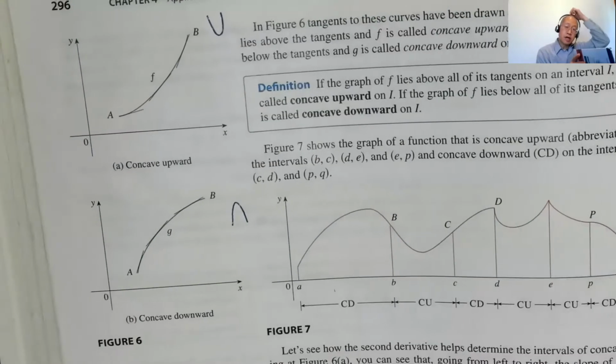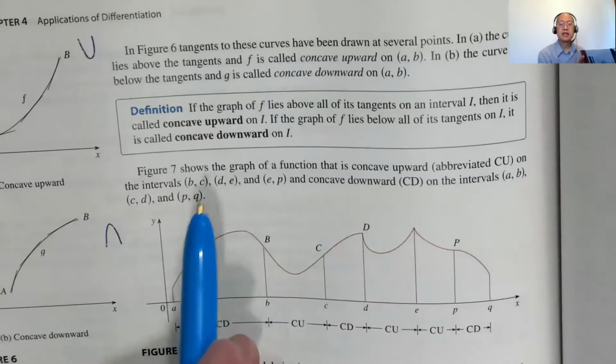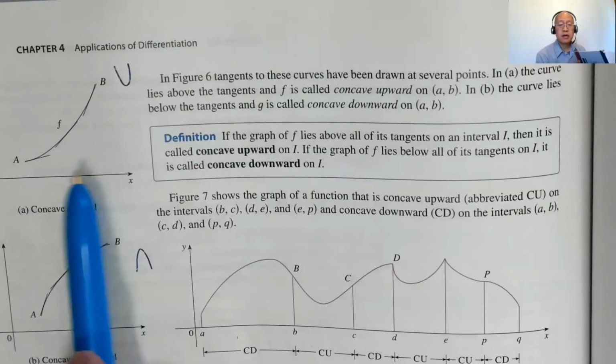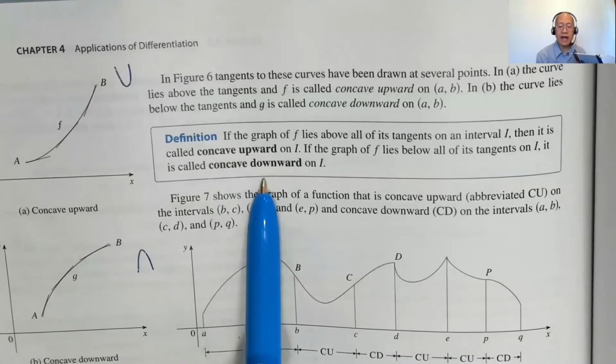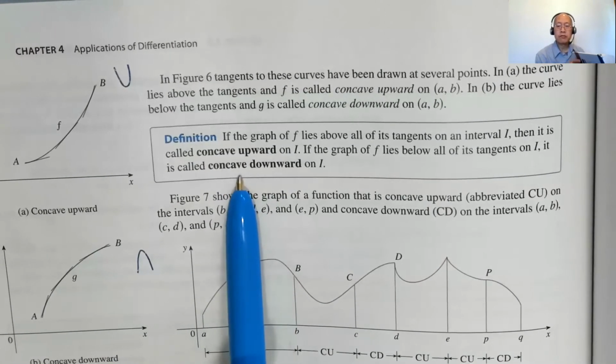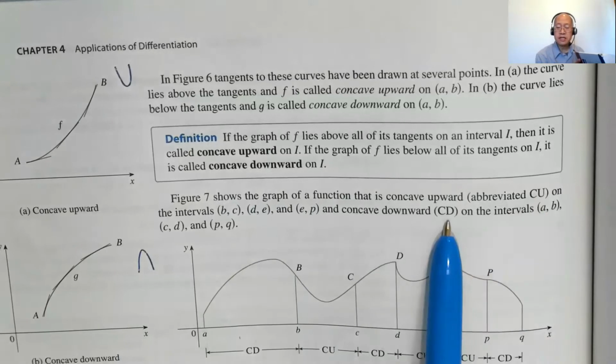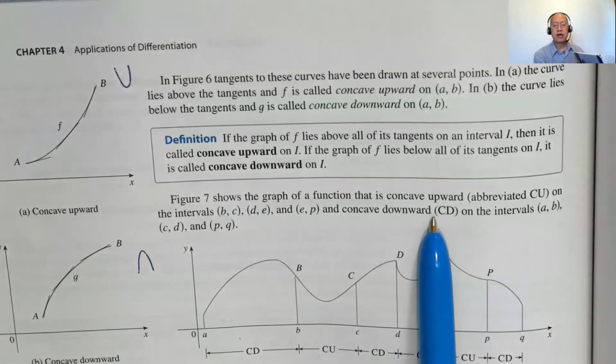All right. Okay, on page 296, we have the concept of concavity. Okay, concave upward or concave up, and concave downward or concave down. I will abbreviate CU and CD, concave up, concave down.